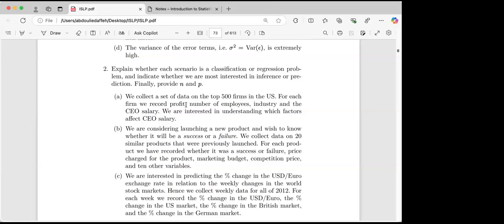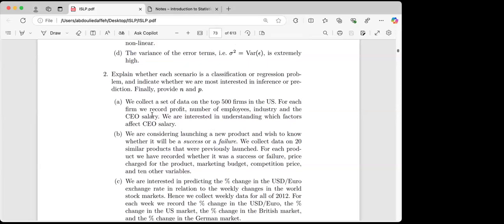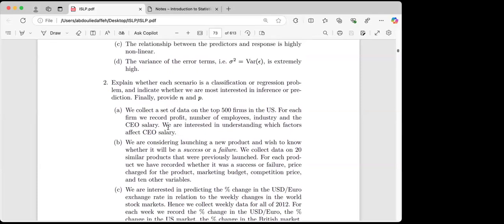For each firm, we record the profit, the number of employees, the industry, and the CEO salary. We are interested in understanding which factors affect CEO salary. So this would be a regression problem, I guess.